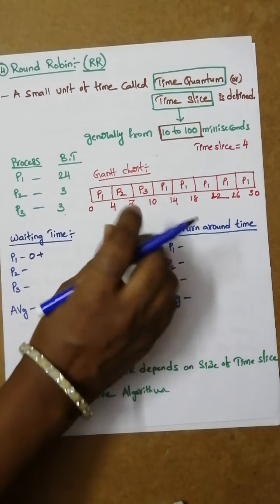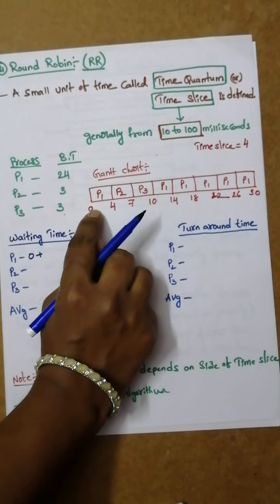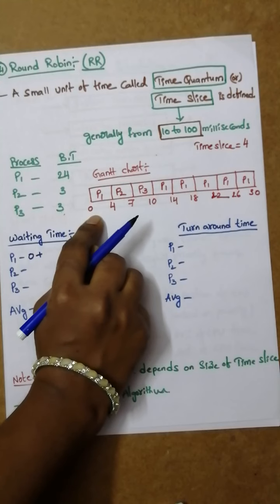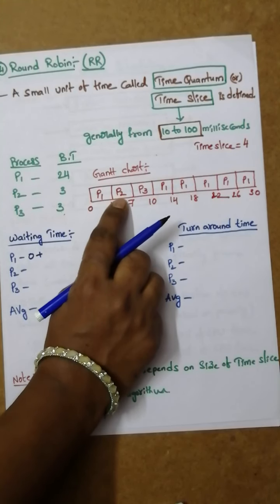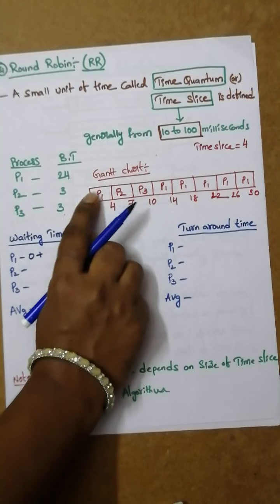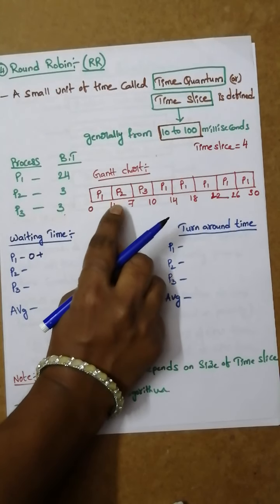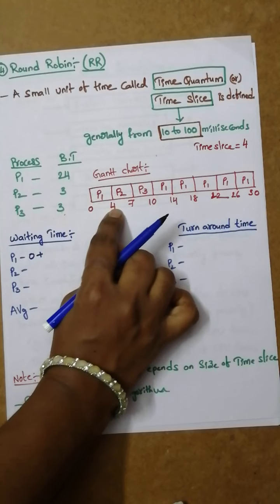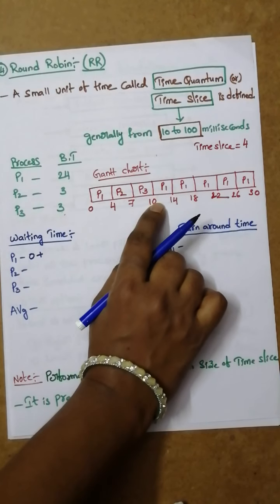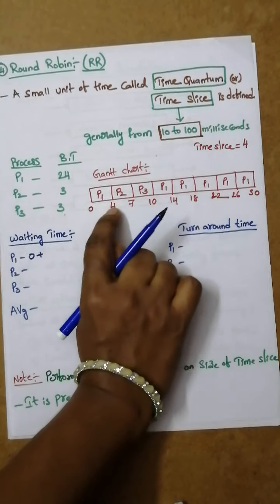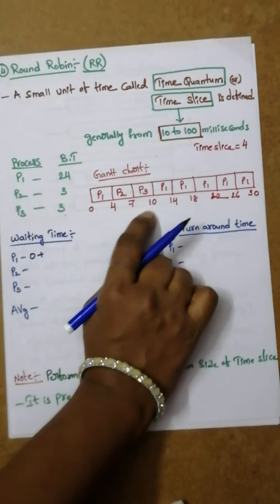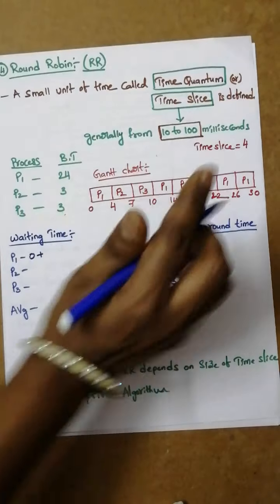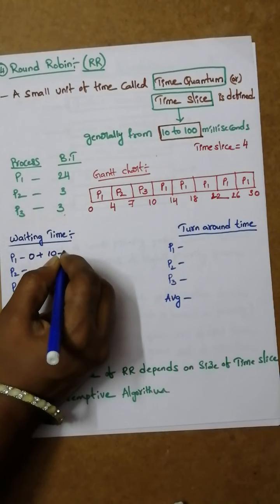P1 used the CPU from 0 to 4. After 4, it released the CPU and gave it to P2. So it is idle after the 4th millisecond, and it took the CPU again at the 10th millisecond. That means from 4 to 10 it is idle. This is called waiting time. To find it, take the difference, that is 10 minus 4.